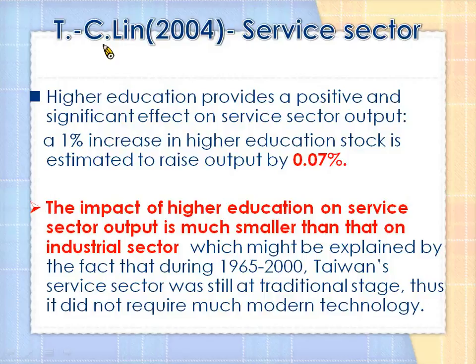That is for sure, right? Because industry needs more science and technology. In services, they are not so keen on technology and science. Maybe some kind of labor-intensive care is more important.